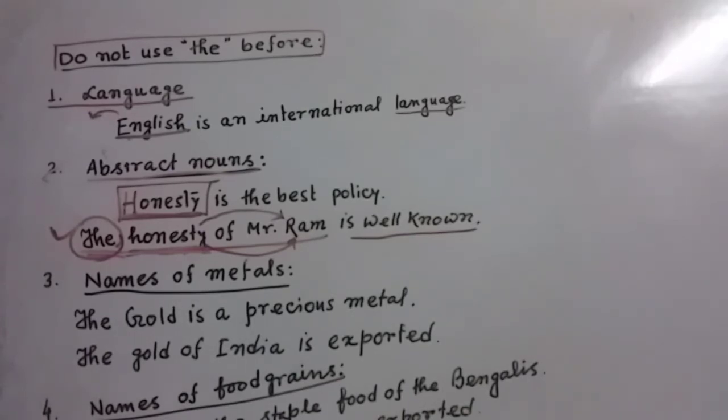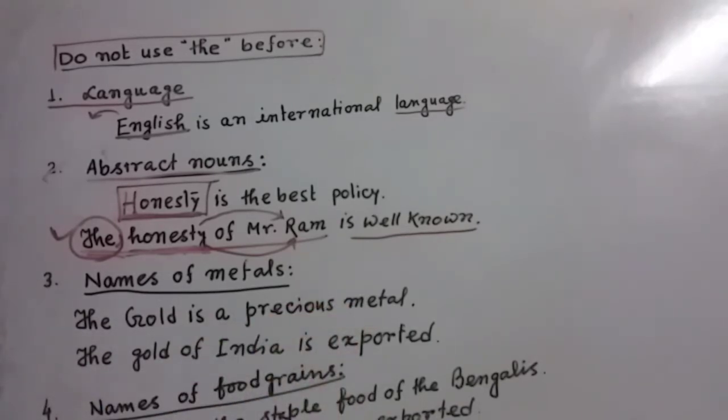Now my dear friends, let's look at the third one, names of the metals. Before the names of the metals, we cannot use the term the, if it is said in general. Here you can see that gold is a precious metal.